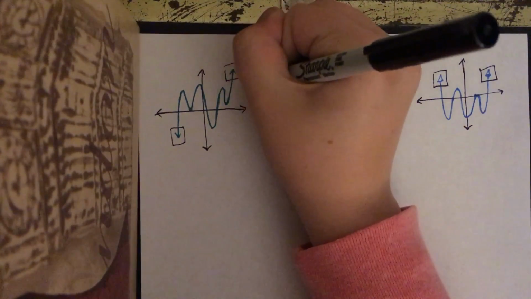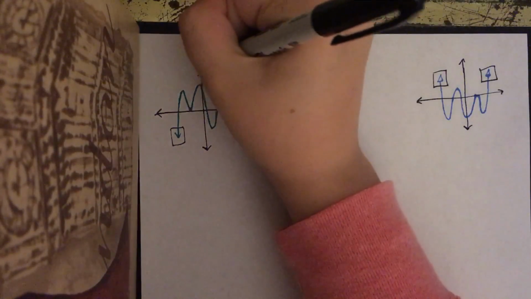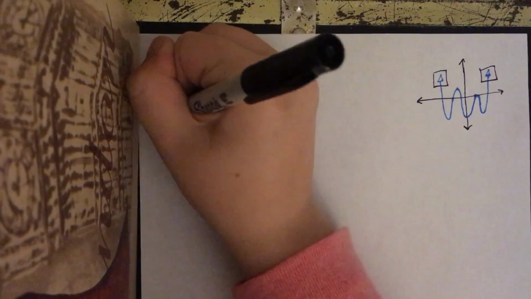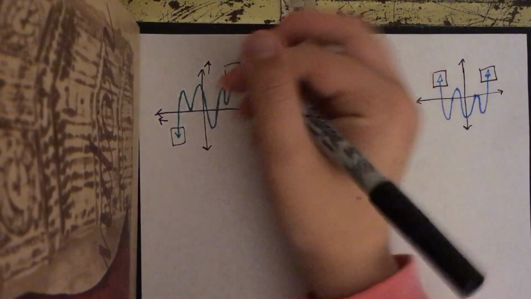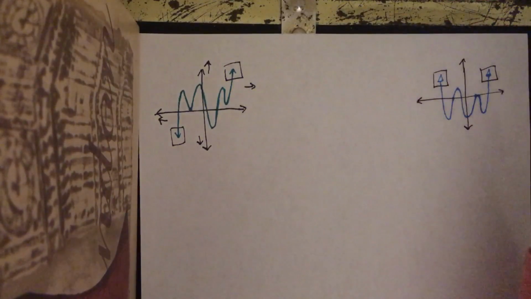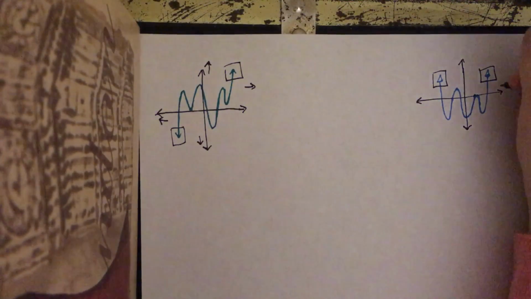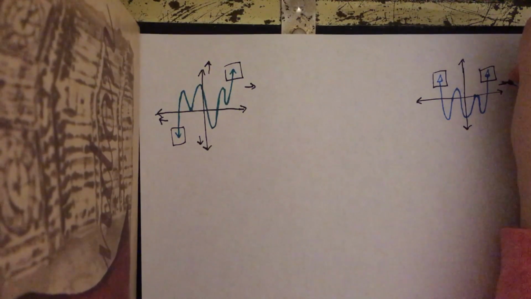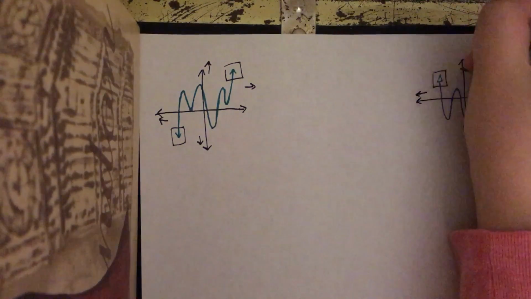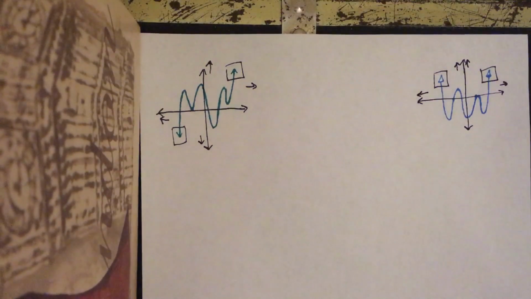So as x is increasing positively, y is also increasing positively. And as x is decreasing in the negative direction, y is also going to the negative direction as well. And here, as x is positive, y is positive. And as x is negative, y is also positive again.